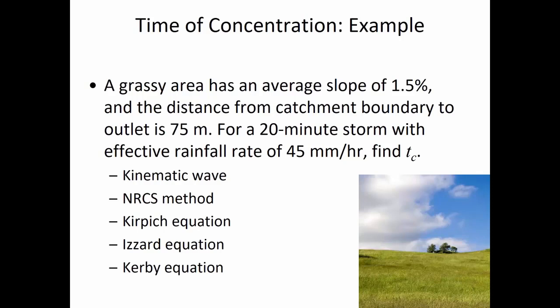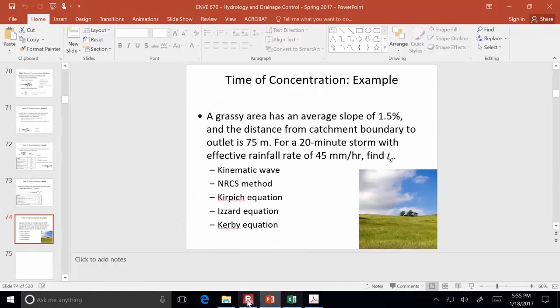So what I'd like you to do is substitute that into the first one, which is kinematic wave. And I'll put the formula also for NRCS, Kirpich, Izzard, and Kirby. And we'll find out how these times compare. So let me draw those other equations on the board.